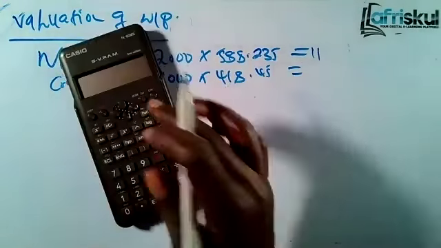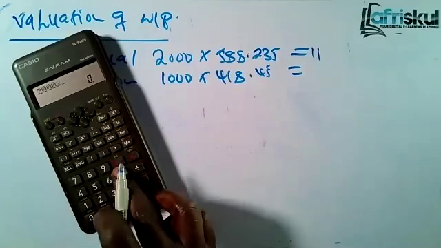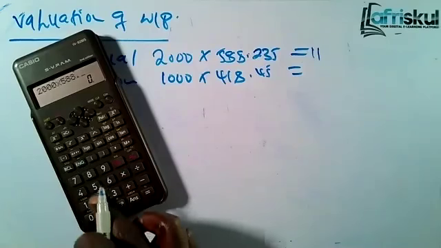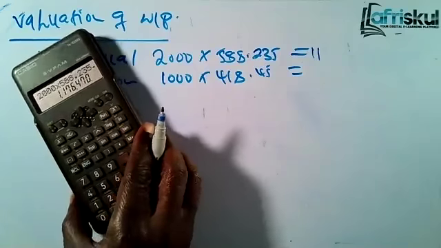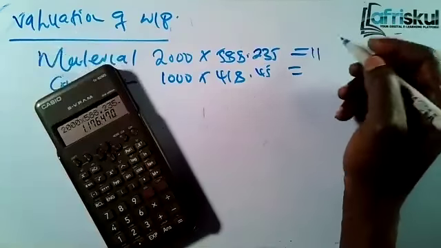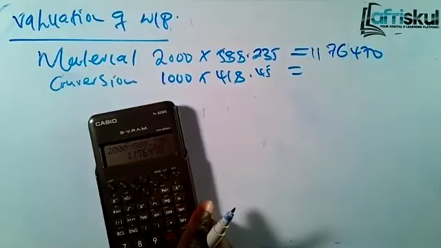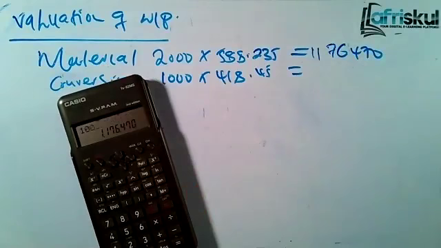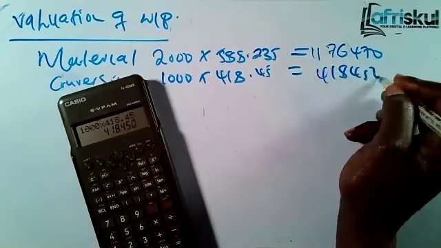I also have a calculator, but I wanted not to use the calculator for the sake of time. So we have 2,000 units times 588.235. You get 1,176,470. And then 1,000 times 418.45 is 418,450.